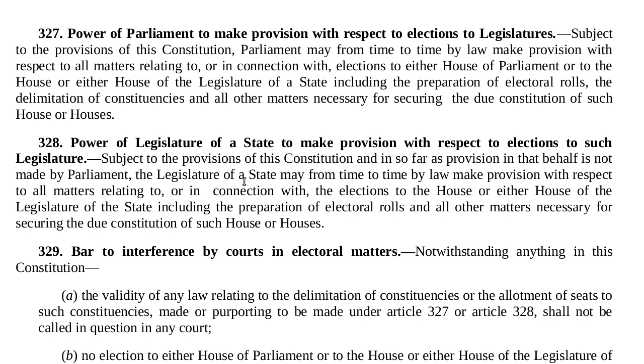The legislature of a state may from time to time by law make provisions with respect to all matters relating to or in connection with the elections to the House or either House of the legislature of the state, including the preparation of electoral rolls and all other matters necessary for securing the due constitution of such House or Houses.